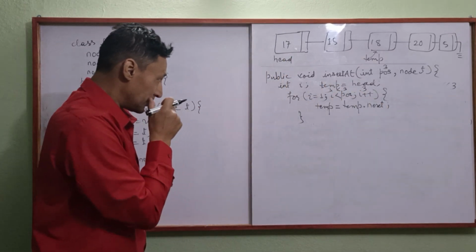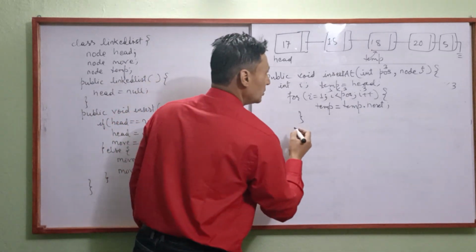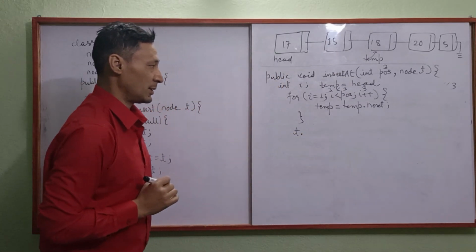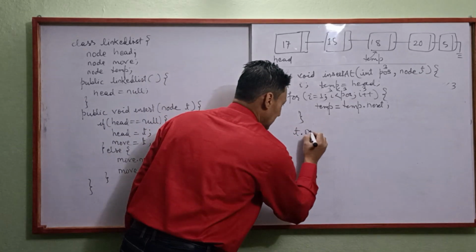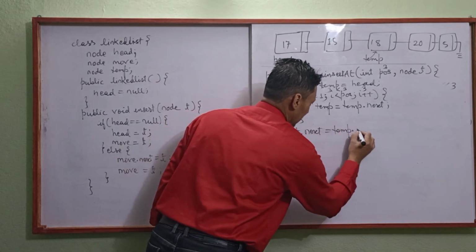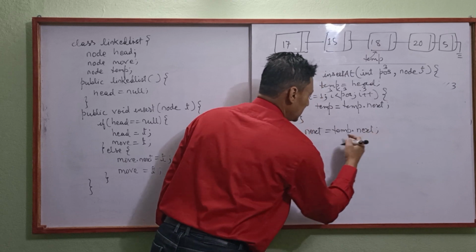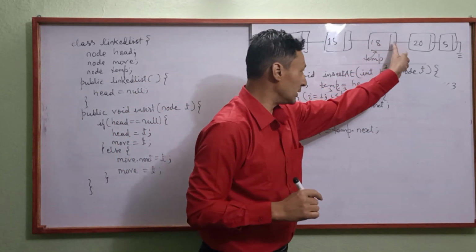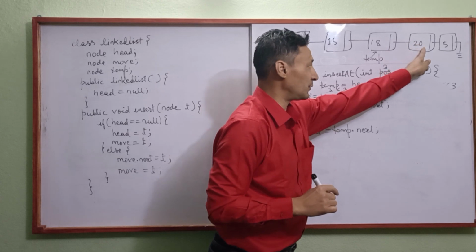Now, this is the new node we have to insert. t dot next is equal to temp dot next. What is there in temp dot next? This is temp, so in the next of this temp we have the reference of this node.